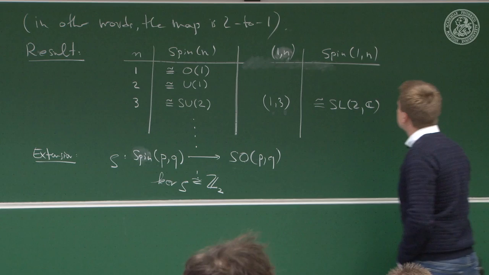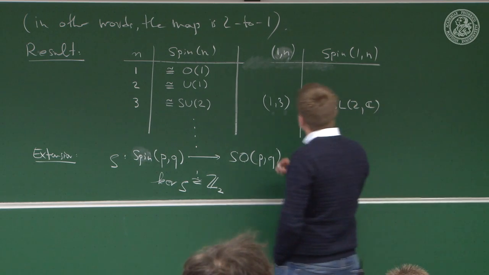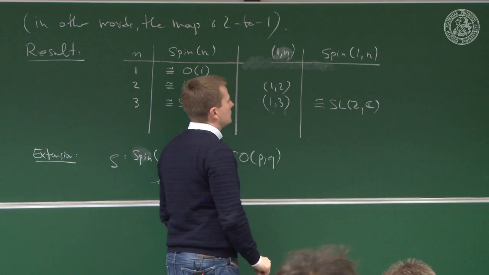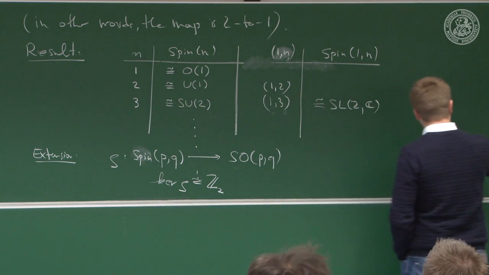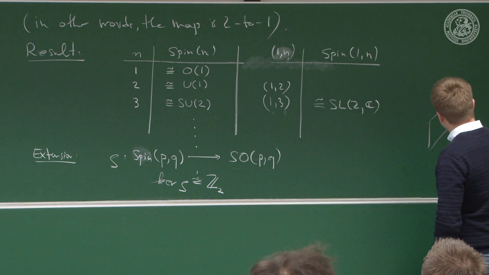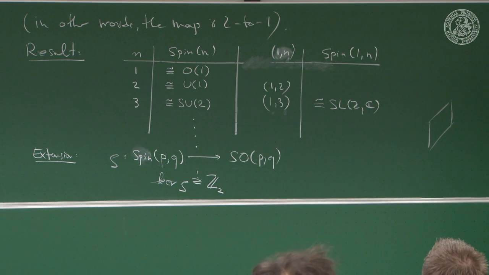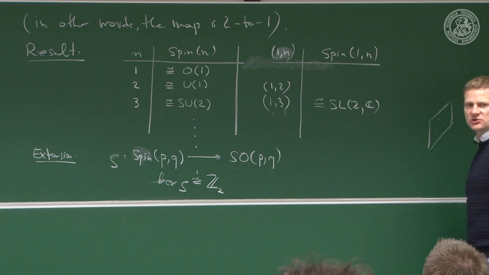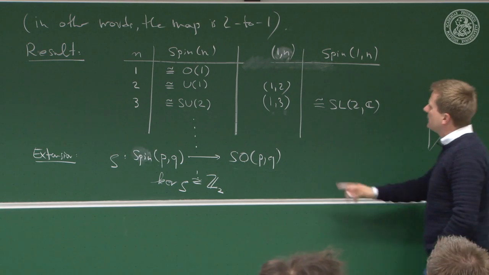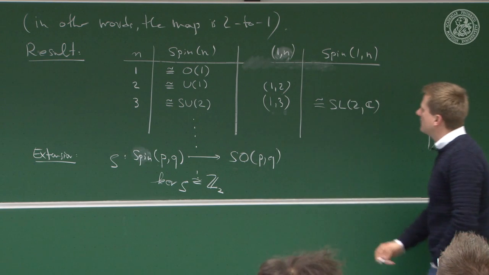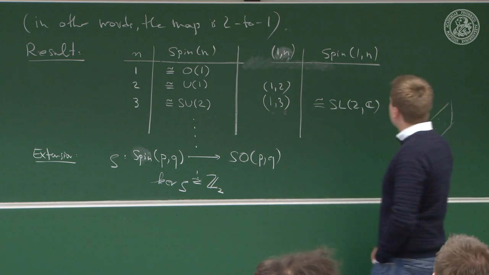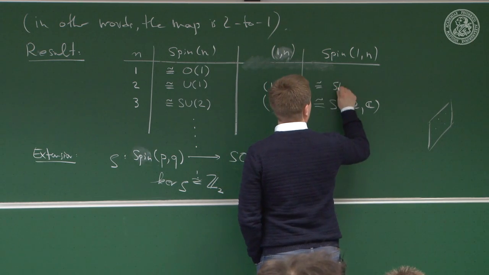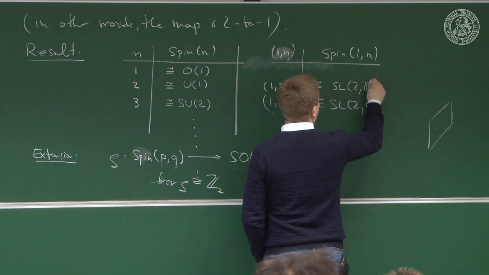So don't be puzzled. Then it's maybe interesting to look at 1,1 and 1,2. That's like you take a thin film or something and you look at electrons in there. Well, if the electrons are effectively constrained to this thin film, you of course have the Lorentz group SO(1,2), and there the spin group is given by SL2,R.